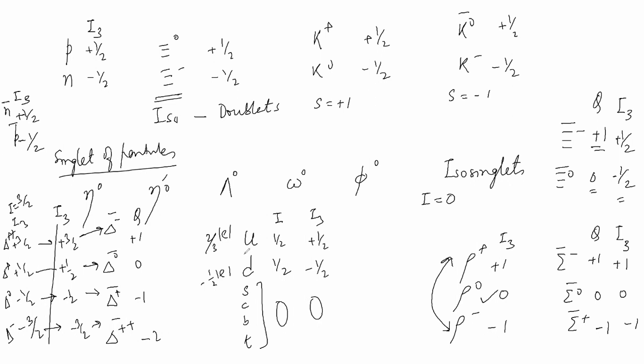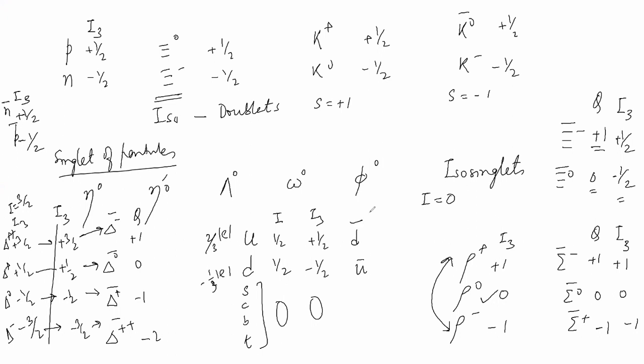Similarly, for anti-quarks, U bar has got charge minus 2 by 3, D bar has got charge plus 1 by 3. Therefore, D bar has isotopic spin projection plus half, and U bar has isotopic projection as minus half. Okay, therefore this will be for U bar and this will be for D bar.